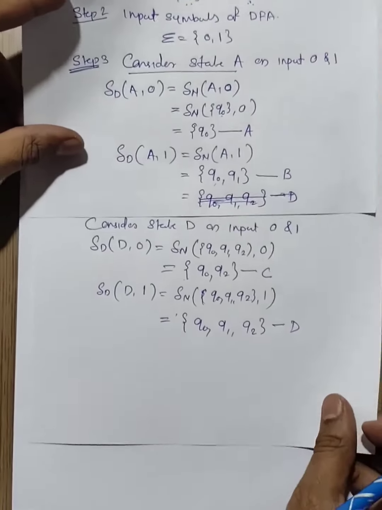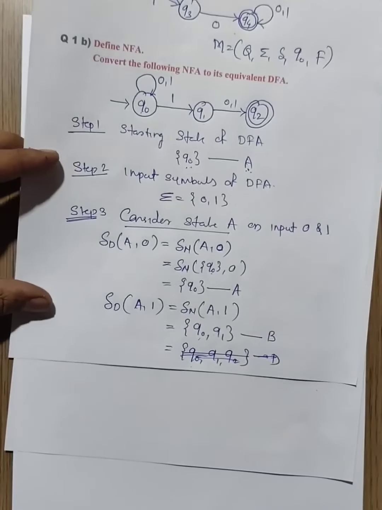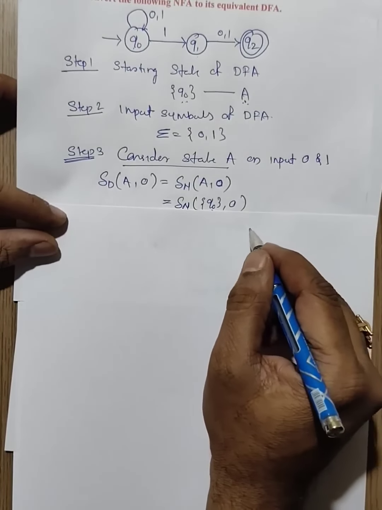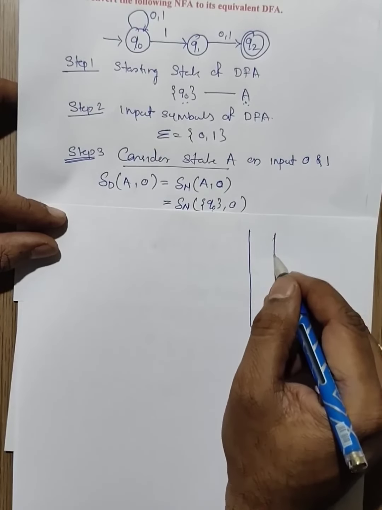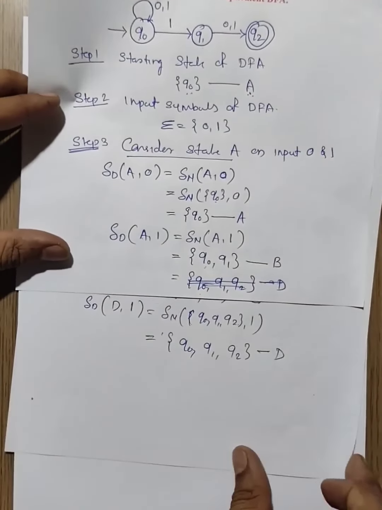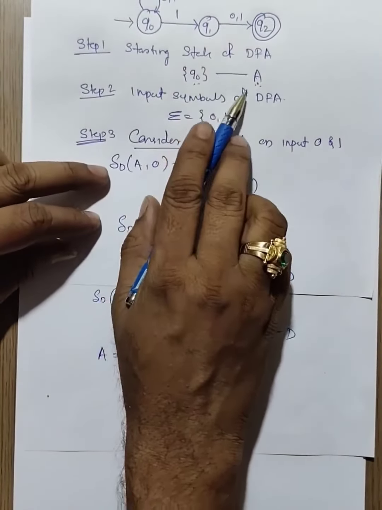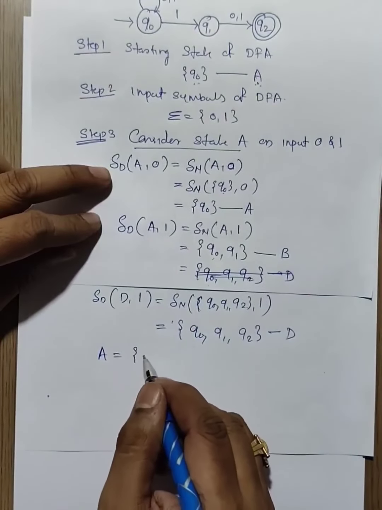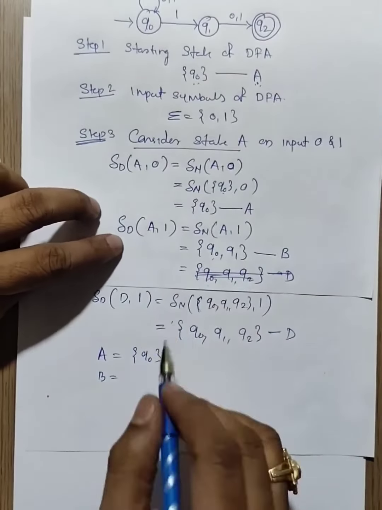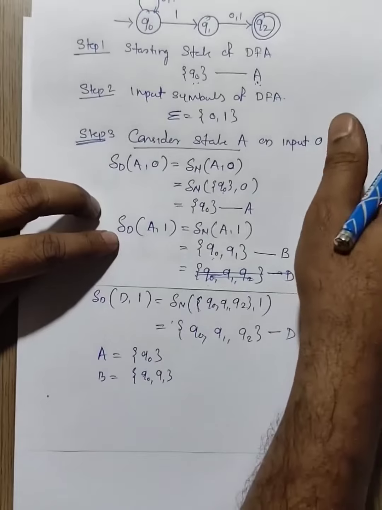Once you know all transitions, then you can construct the transition table. Before this, here are the total states. A means Q0. B is Q0 and Q1.